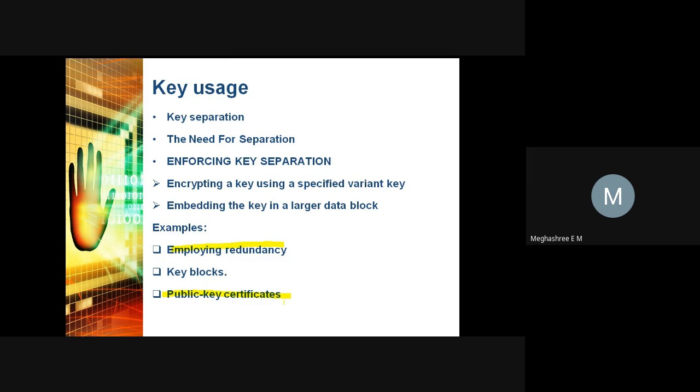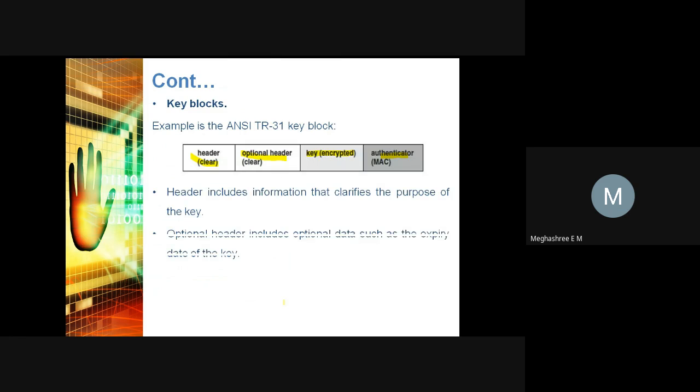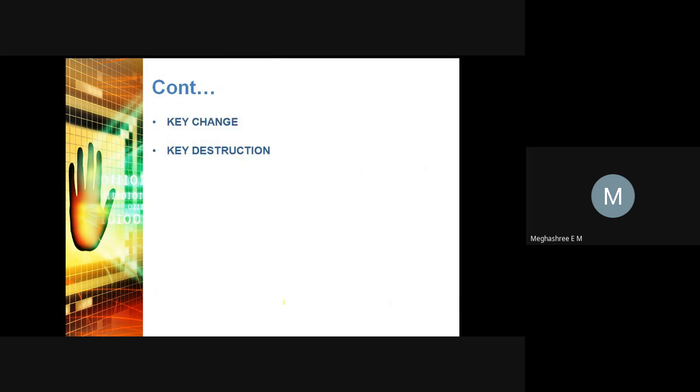So whenever a key is embedded anywhere, it should specify its usage. That's what this phase of the key life cycle says. And I explained key blocks already. And the next topic is key change and key destruction.